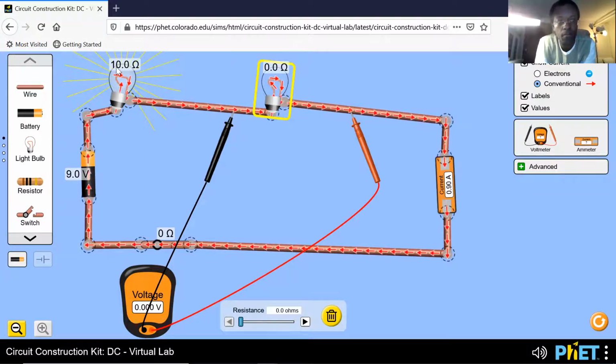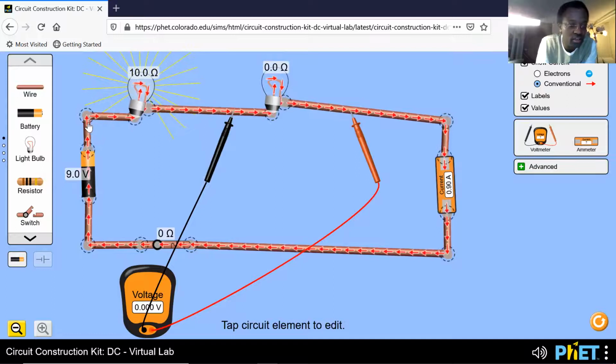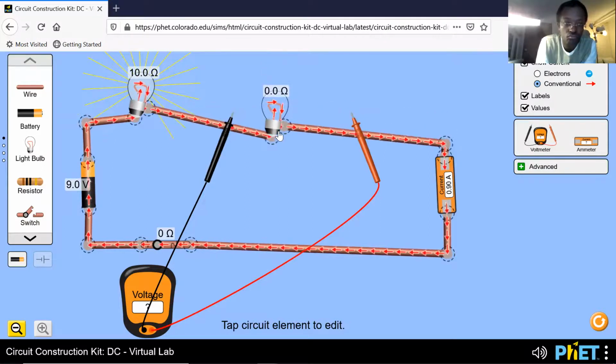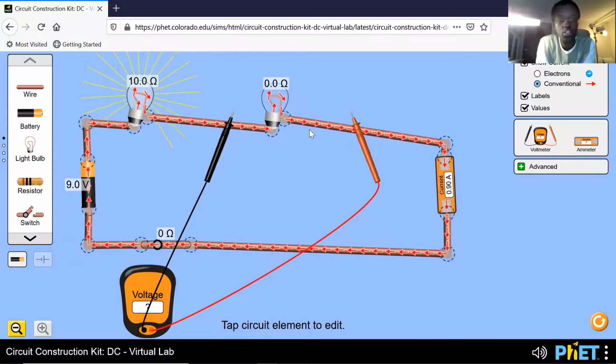So you see that this light bulb shines brightly. You see, it's shining very brightly, isn't it?